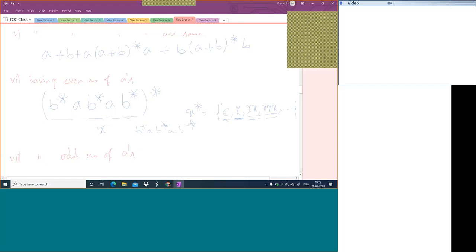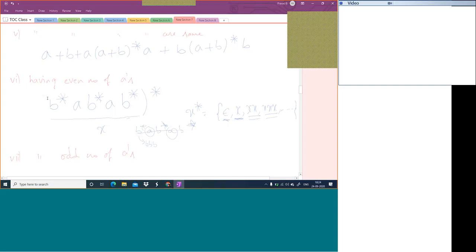I want only B's. Okay, I want 3 B's. From 3 B's you can get from this. But this A and this A also will be there. So every time A's will be there, but I don't get only B's. So for this reason, we must write this bracket here.